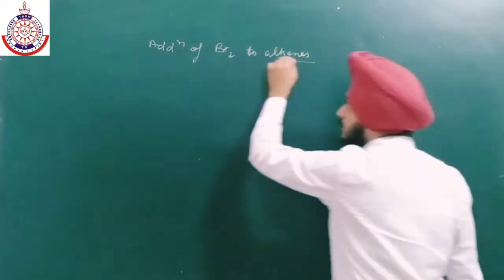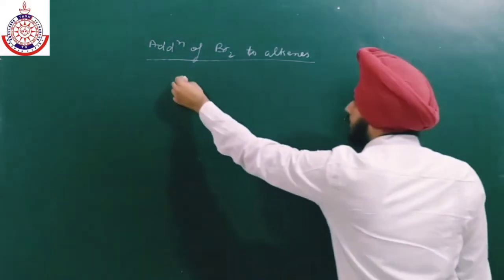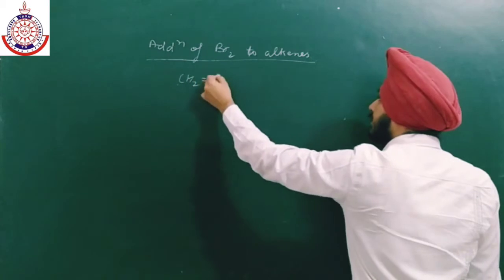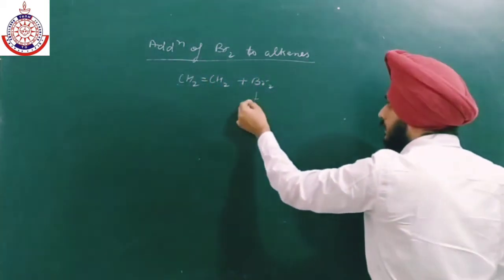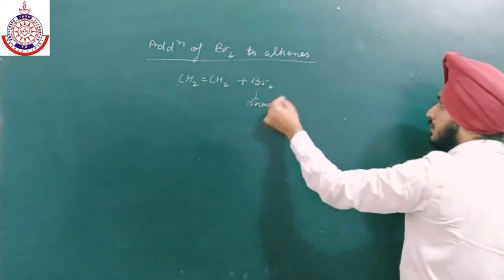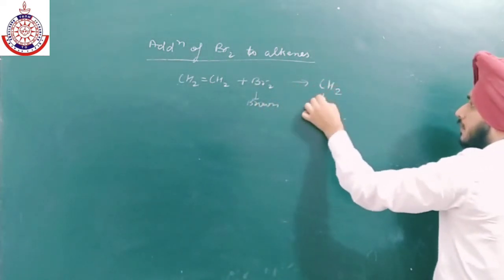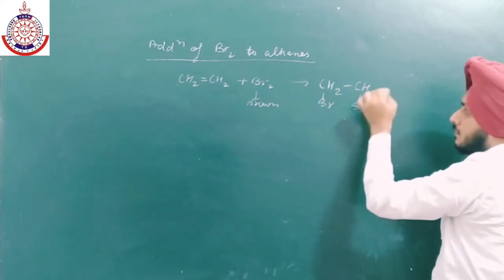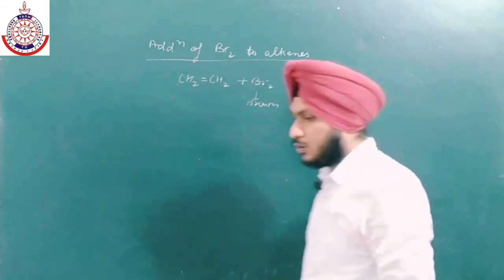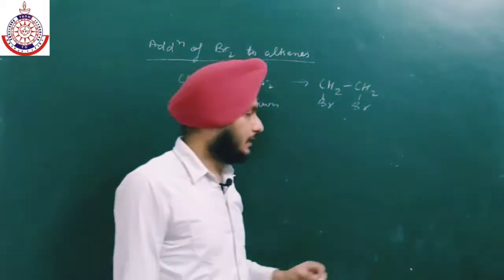This is also used as a test for checking the unsaturation, because when we react any unsaturated compound with bromine water, which is brown in color, with an alkene, we will get this product. I am taking ethene over here, so we will get 1,2-dibromoethane.